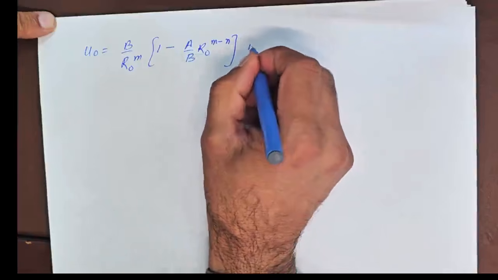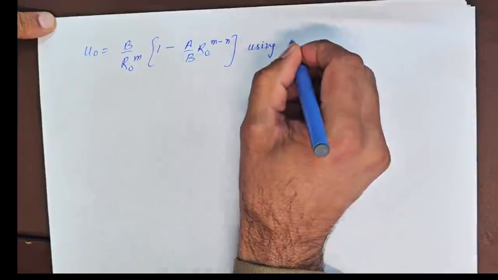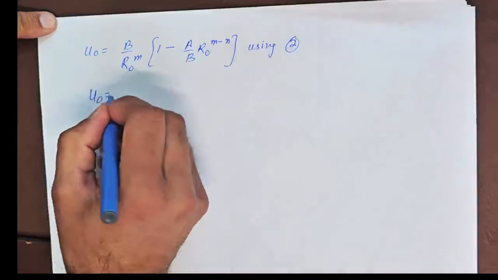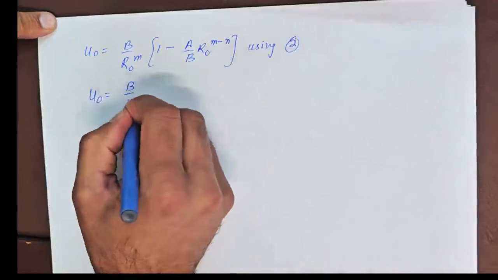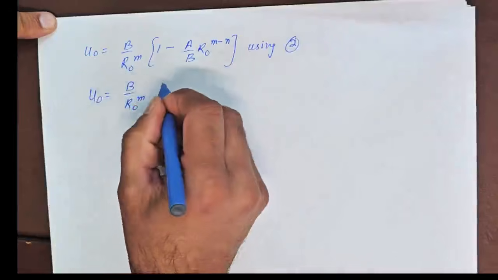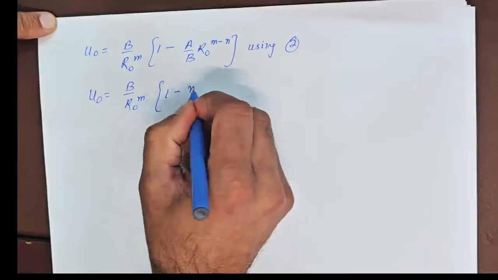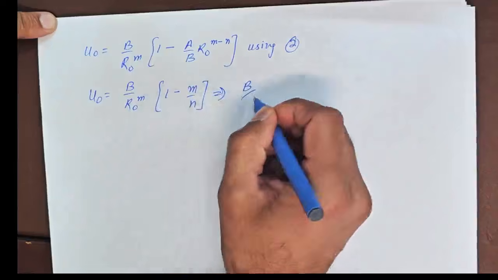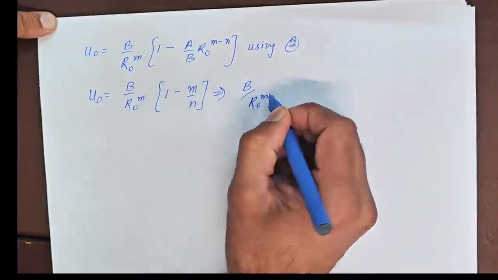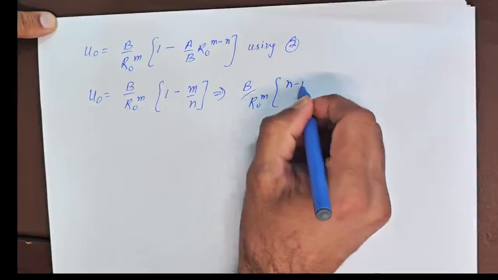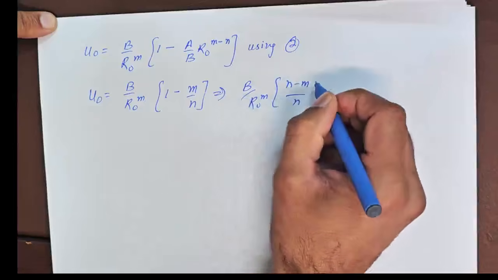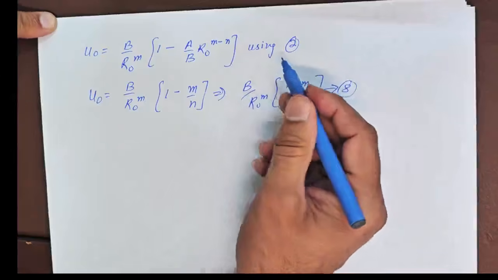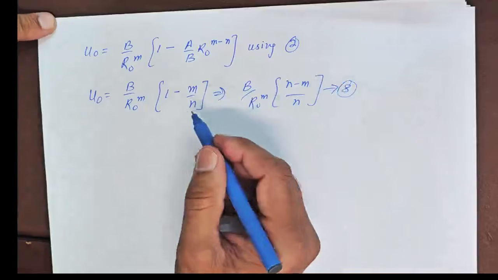Now using 2, this u naught will be equal to B divided by R naught m, 1 minus m by n. That is B divided by R naught m, n minus m divided by n. This is equation 8.